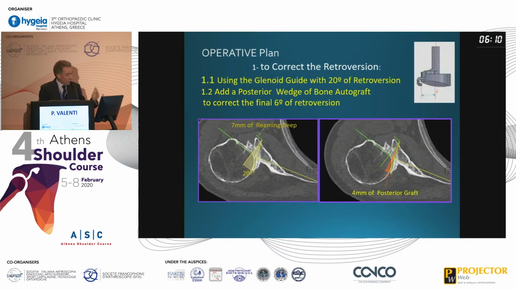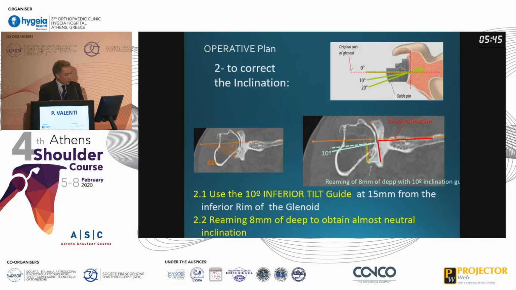You have many possibilities. The more simple is to rim anteriorly and to put a bone graft posteriorly to correct the retroversion, to do a metallic augment or polyethylene augment if you do anatomic arthroplasty. We use a guide with a wedge posterior augment, and after you follow the Kirchner wire.